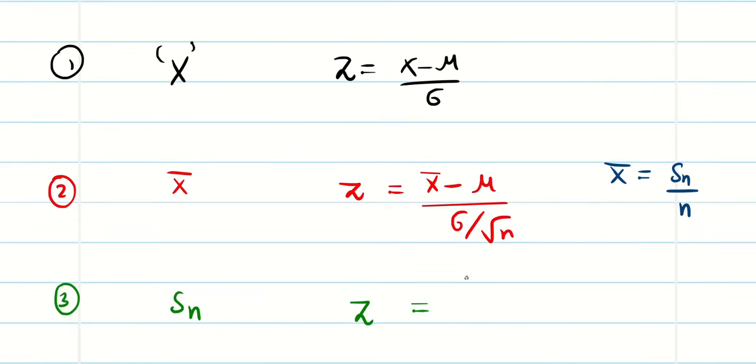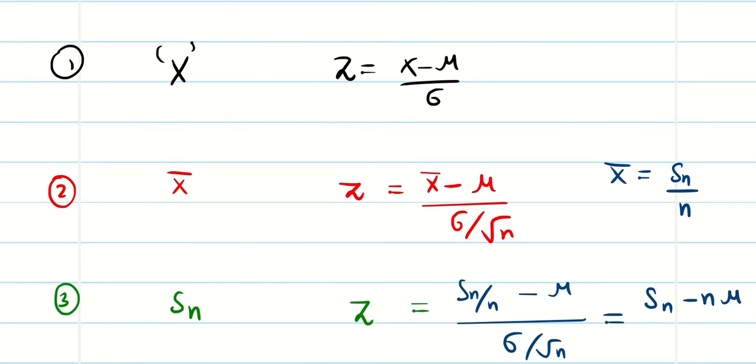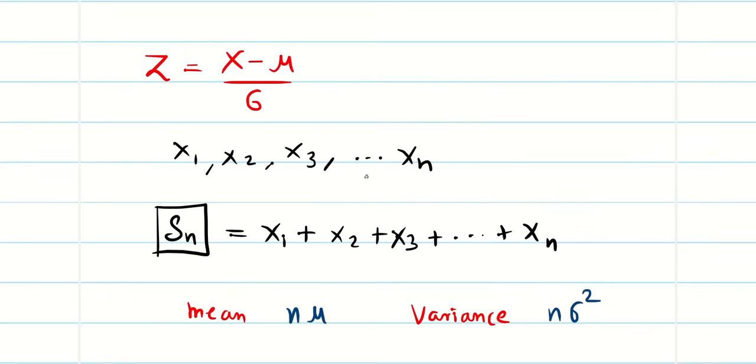So if you replace x bar by Sn by n, minus mu divided by sigma by root n, finally you take LCM, Sn minus n mu, and when you bring the n to the denominator, n and root n will get cancelled and we will be getting this. So that's why in the first formula they say mean is n mu and variance is n sigma square.